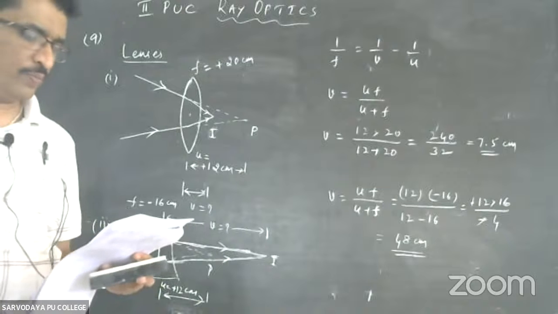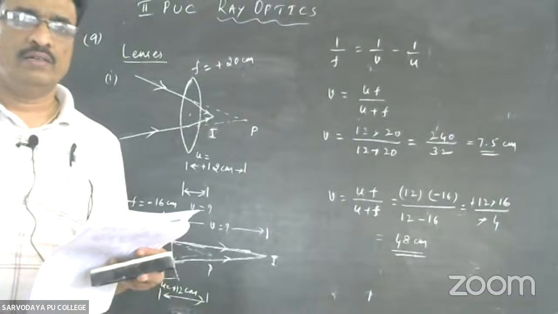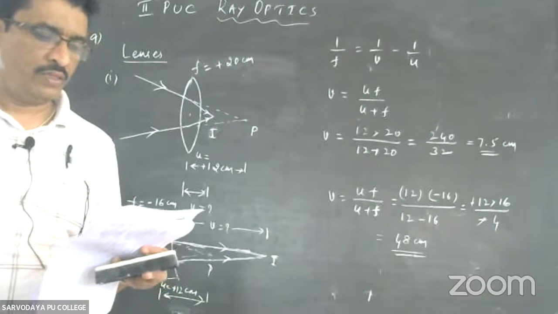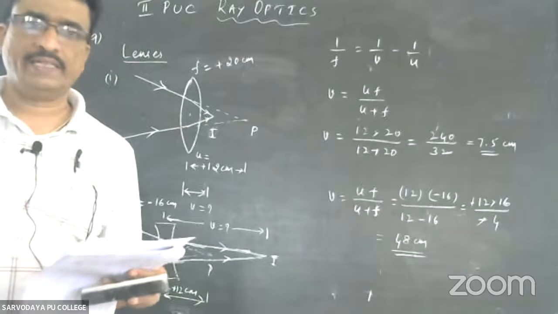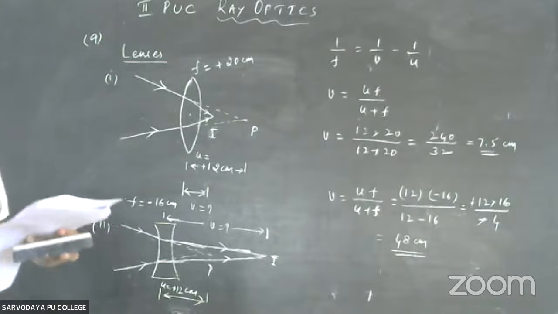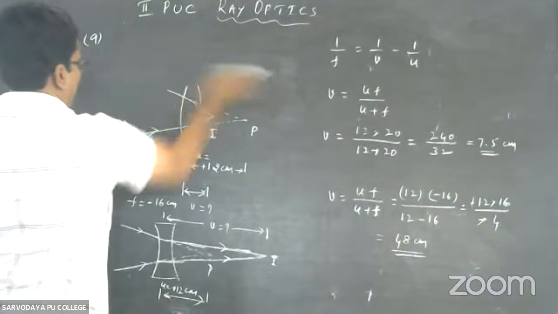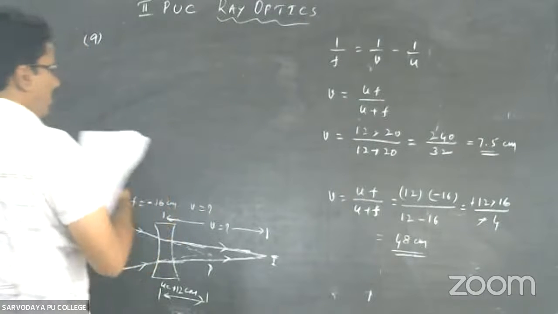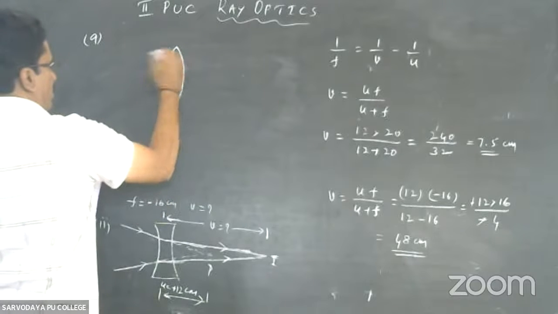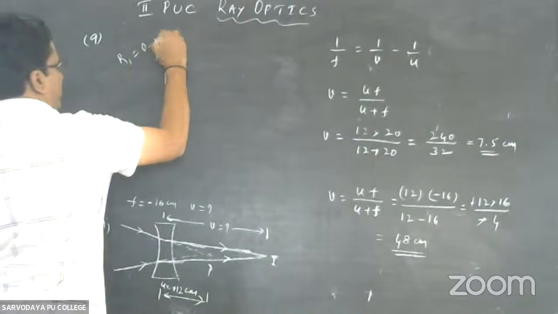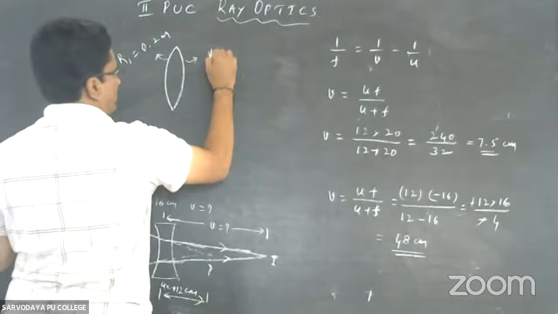Again, one more problem is there related to lens maker's formula only. Again, it is a problem from the previous examination paper, that is June 2018 question. The radius of curvature of two surfaces of a convex lens are 0.2 meter and 0.22 meter.